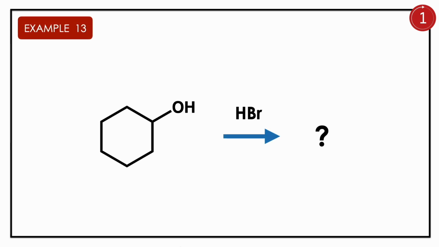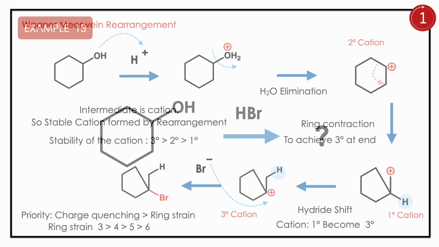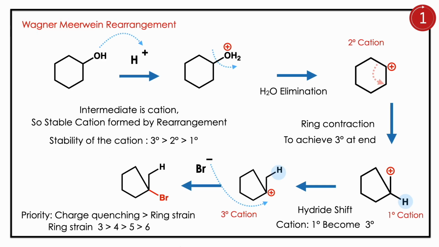Then the example 13, you have cyclohexanol with hydrogen bromide. You should find what will be the final product. Here alcohol and acid, same condition. Acid makes the alcohol a good leaving group. You have cation formation. When the cation is formed, there are chances of Wagner Meerwein rearrangement; the cation should rearrange to achieve the best stability.